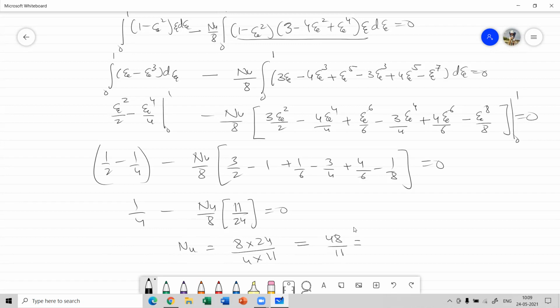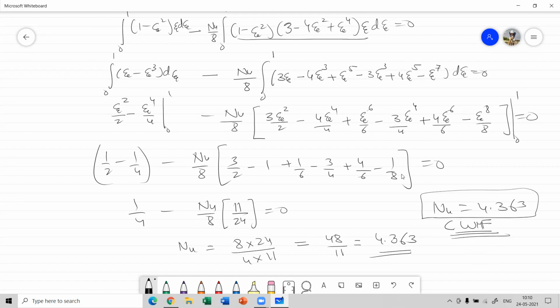And how much is 48 by 11? It is 4.363. So this is the value of the Nusselt number, that is 4.364, under constant wall heat flux conditions.